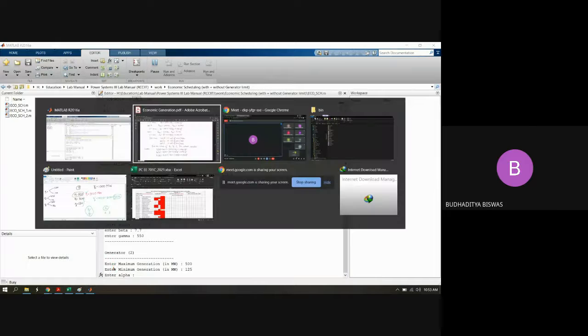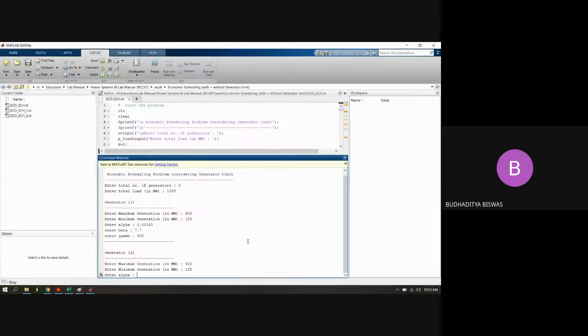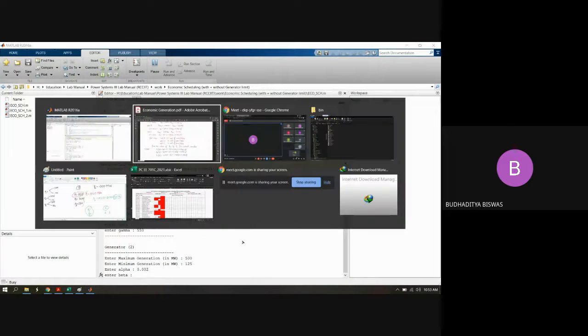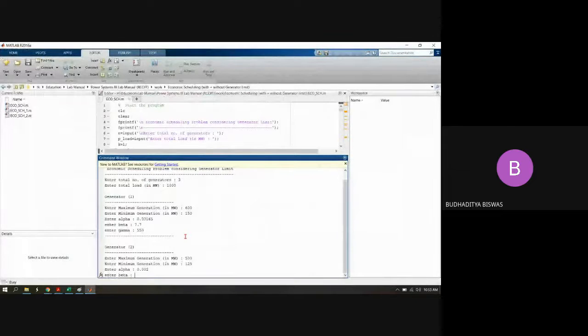Again, we need to give the alpha, beta and gamma. Alpha is 0.002, beta is 7.88, and gamma is 300.